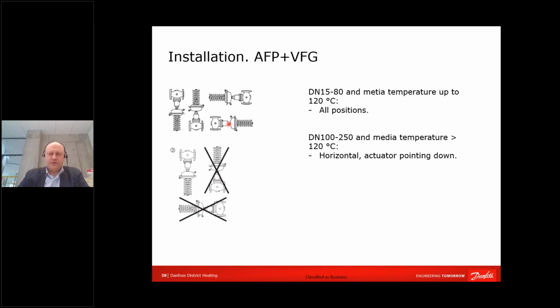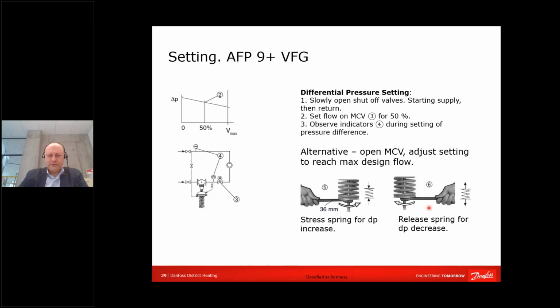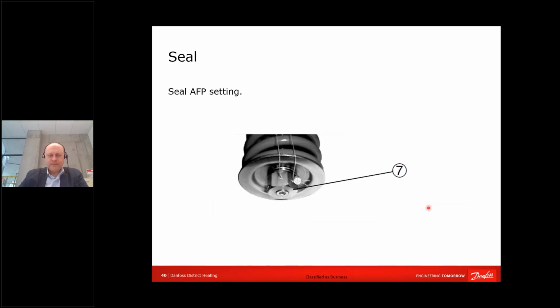It comes from big valves operating like a saw inside, and they can destroy themselves. So big valves would be good to be installed so that the membrane is facing down. Also, you can set them and seal them.